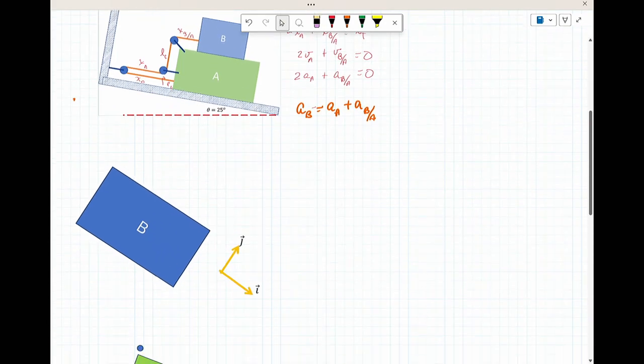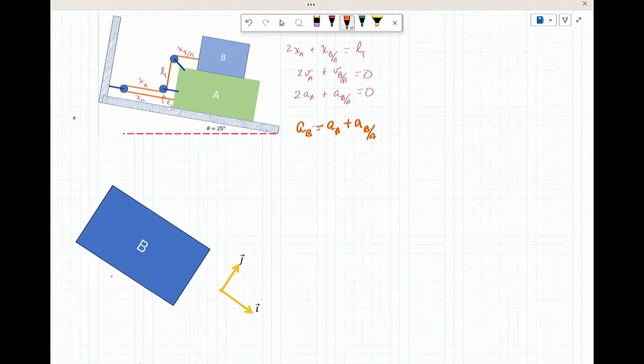So I can start to look here. So I have normal of A on B, which is from that lower mass onto the block. I have MBG.